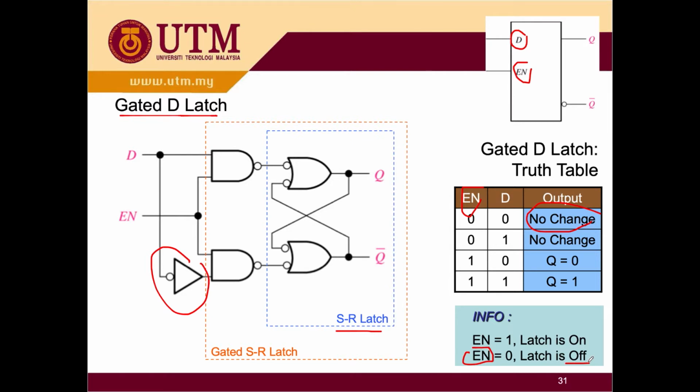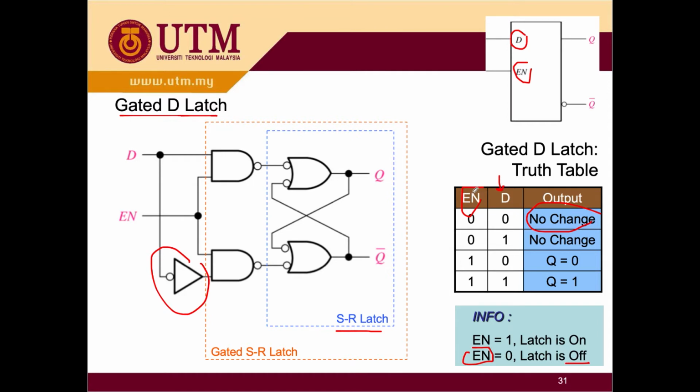Because you have the memory, you always need to look back to your previous output. So if your EN is 0, you ignore any input D because you just need to keep your output the same as your previous output, so no change at all.